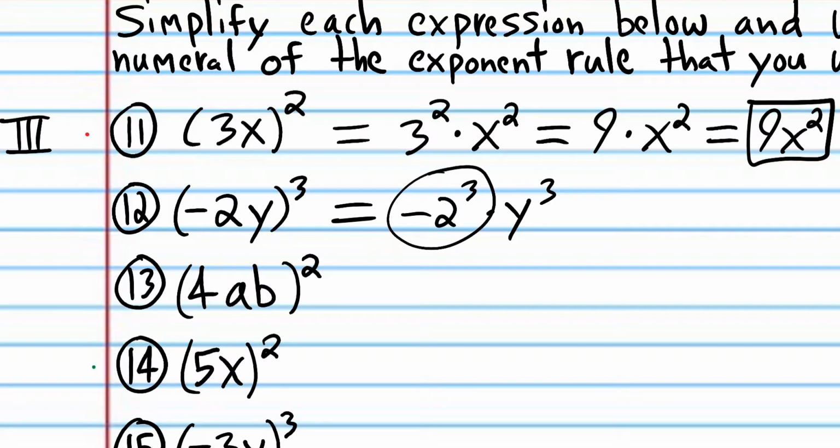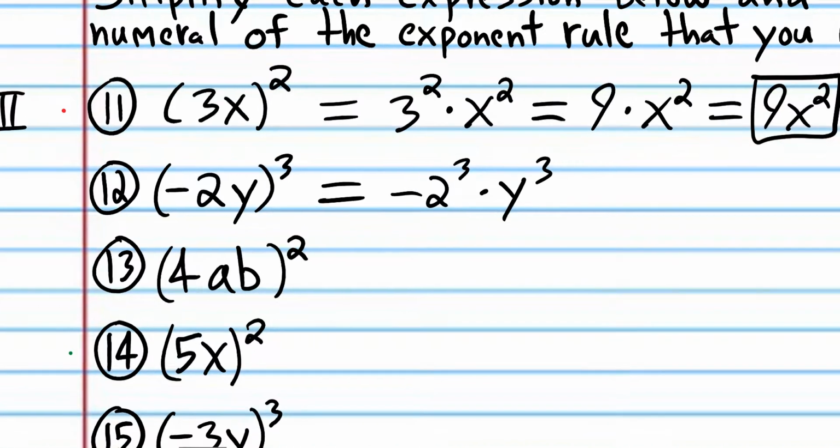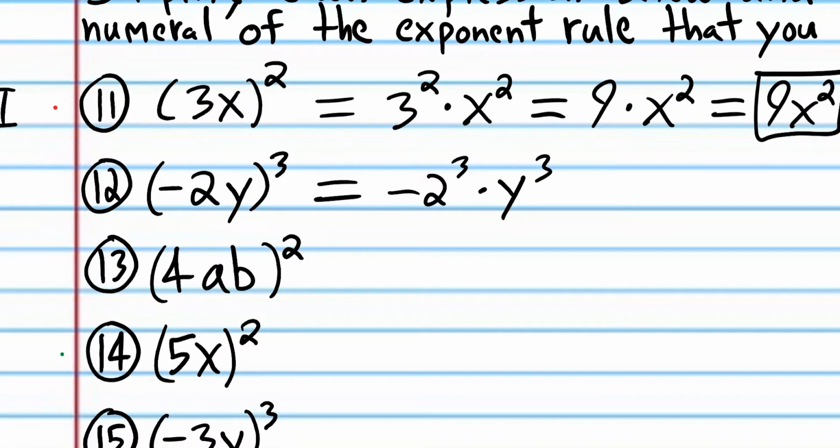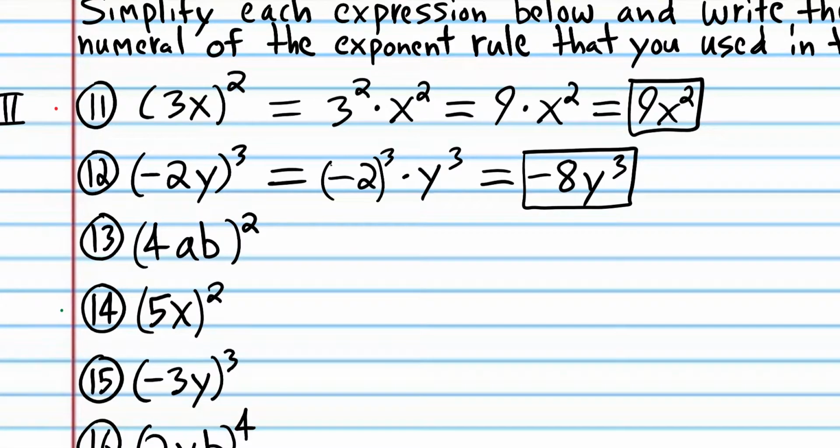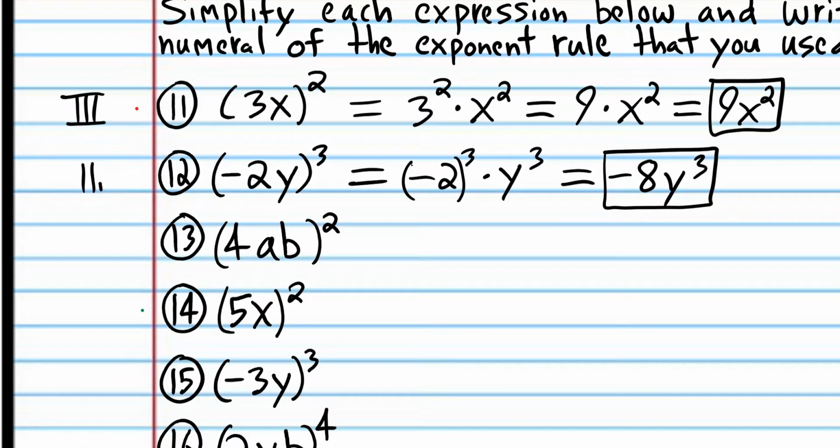But I've done something very, very wrong here. If I'm going to take -2 and raise it to the third power, I have to put parentheses around it. That's one of the most common mistakes that students make, is they don't put parentheses. So -2 to the third power, that's going to be -8. And I can just get rid of the dot. I don't really need that. And so that is rule number 3.